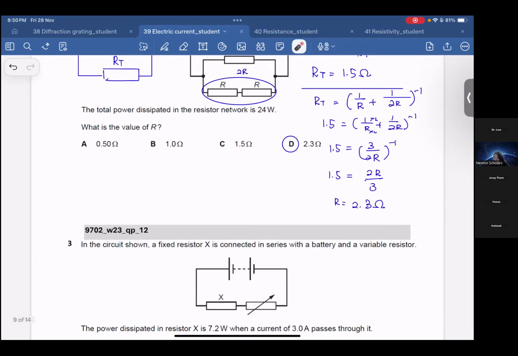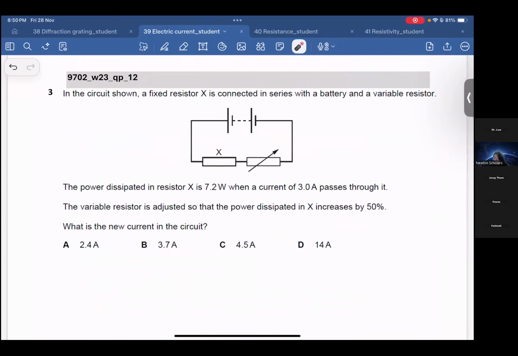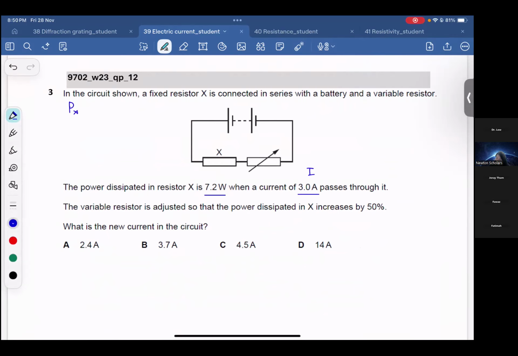Okay, next. In the circuit shown, the fixed resistor X is connected in series with battery and variable resistor. The power dissipated at X is 7.2. The variable resistor is adjusted so that the power dissipated in X increased by 50%.